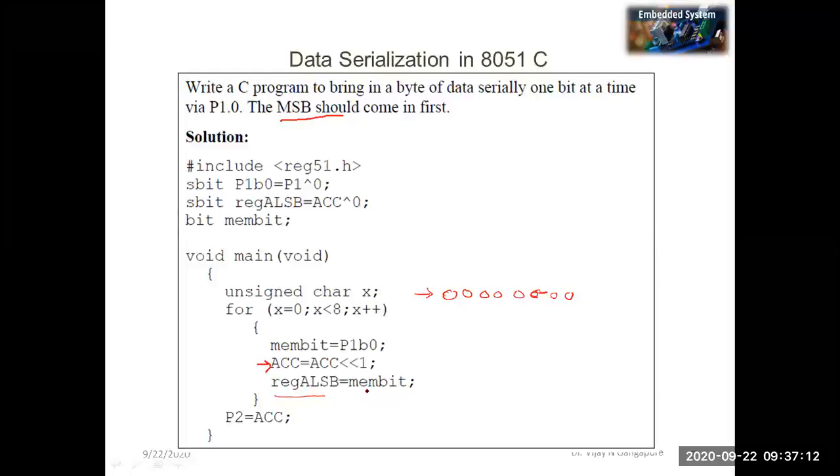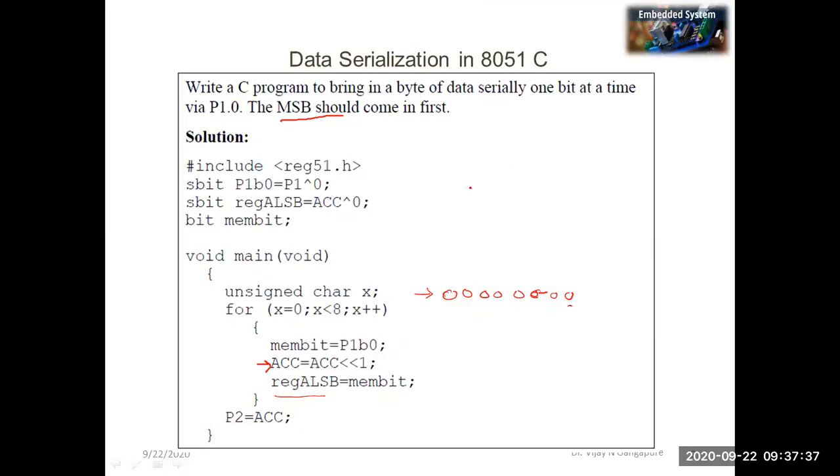Next, due to this statement, whatever data is in mem bit, that is the data bit received via pin number 0 of port 1, will be assigned to reg a lsb, which is bit number 0 of the accumulator, so this will be modified according to whatever data is there in mem bit.